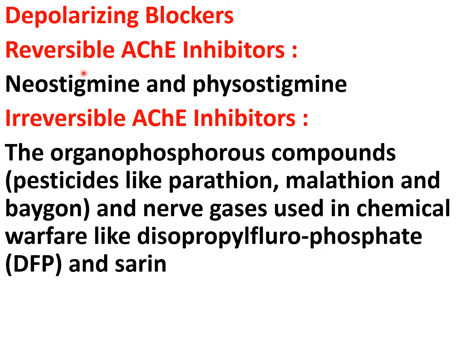Depolarizing blockers; reversible acetylcholinesterase inhibitors like neostigmine and physostigmine. Then irreversible acetylcholinesterase inhibitors are organophosphorus compounds, pesticides like parathion, malathion and begon, and nowadays used in chemical warfare, like diisopropyl fluorophosphate and sarin.